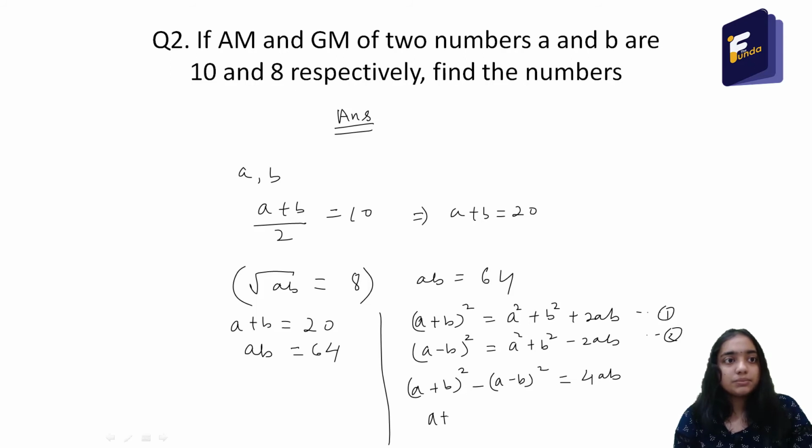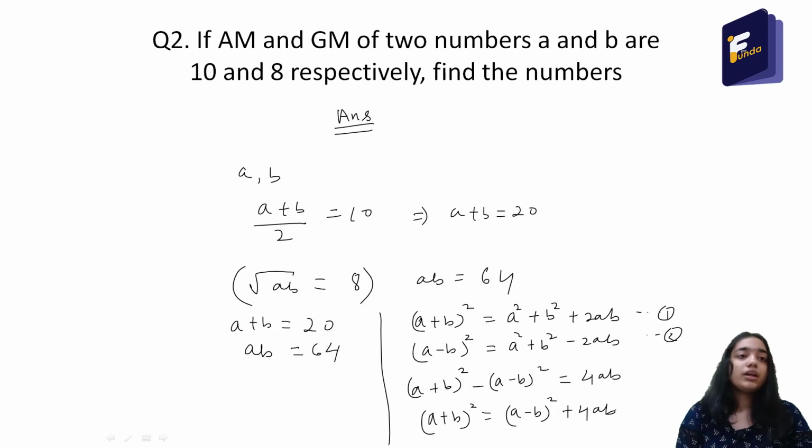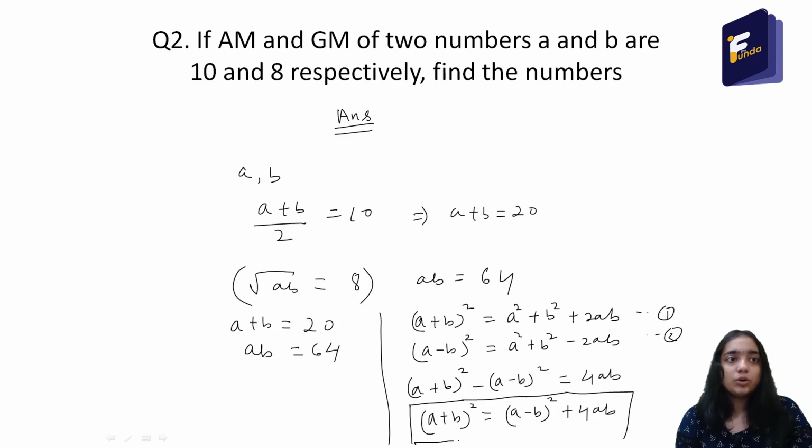So a plus b whole square equals a minus b whole square plus 4ab. This is the equation we have got: for any two numbers, a plus b whole square equals a minus b whole square plus 4ab.